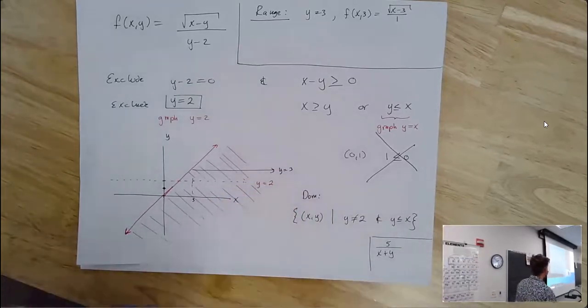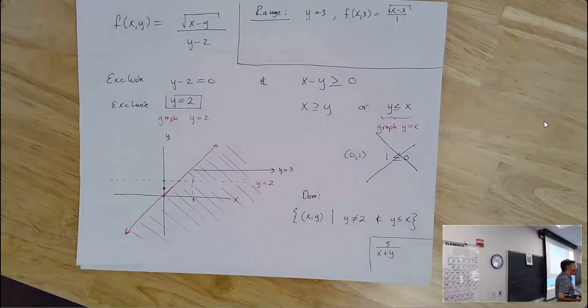But the point really is, what kind of values can we get? Well, if x is 3, what's the function equal to? It's 0. And can we get negative values? We can't get anything negative. If x is 4, we get the square root of 1, which is 1.